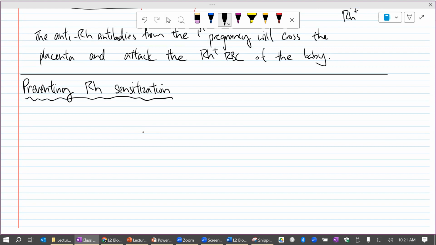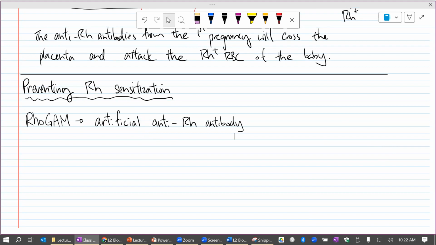There is something called RhoGAM. RhoGAM is an artificial anti-Rh antibody. Okay, it's man-made, it's made in the lab, and it targets Rh.